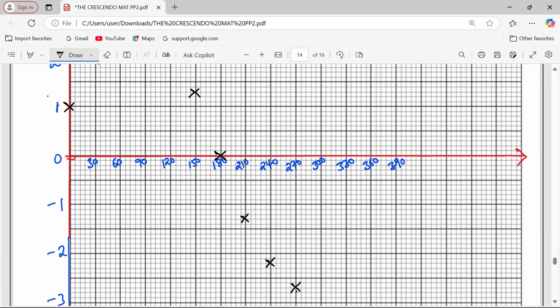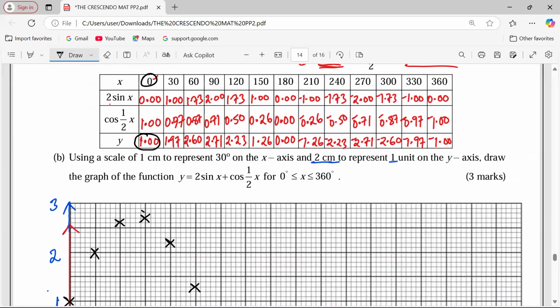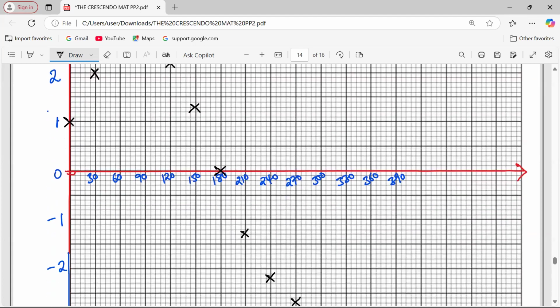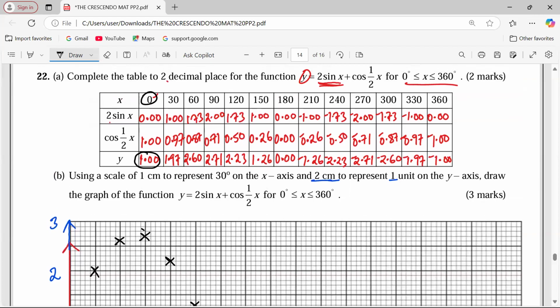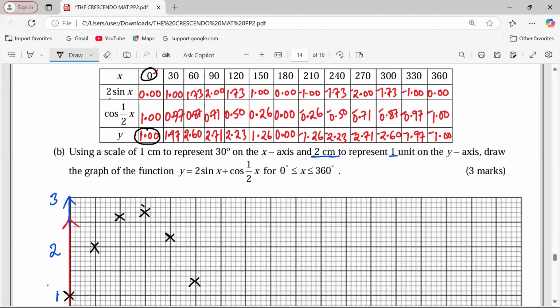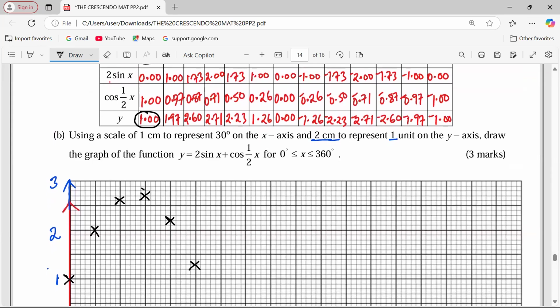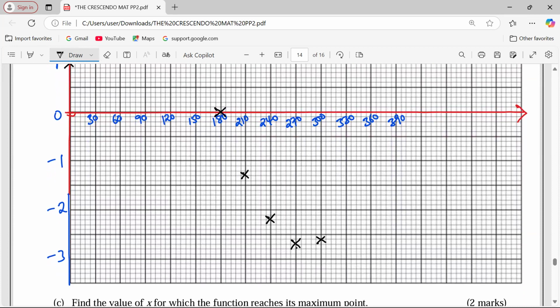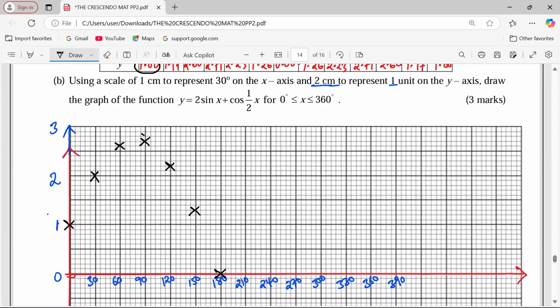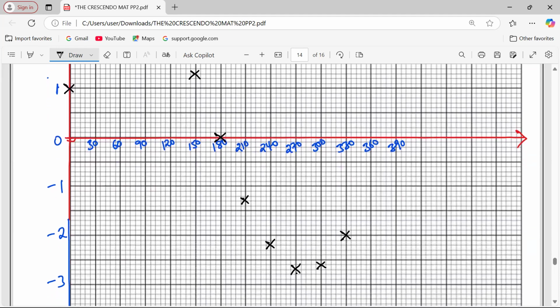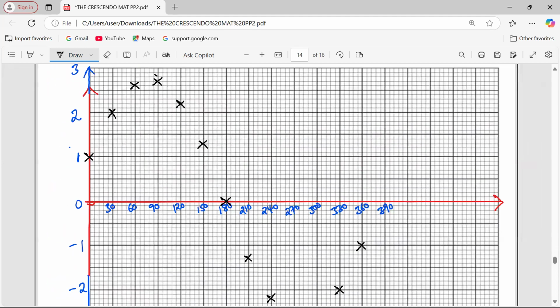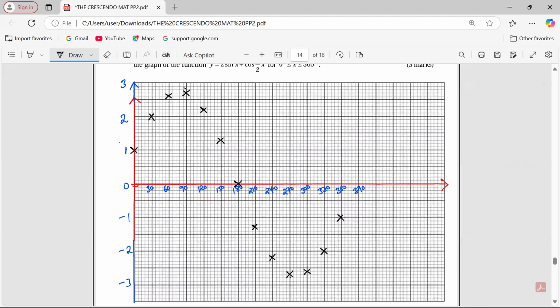Then 300 goes with -2.6, the point is here. 330 goes with -1.9, which is approximated to 2. And finally, 360 will be plotted against -1.00, which is here. So now we have the points already plotted, and they are suggesting a very smooth curve.